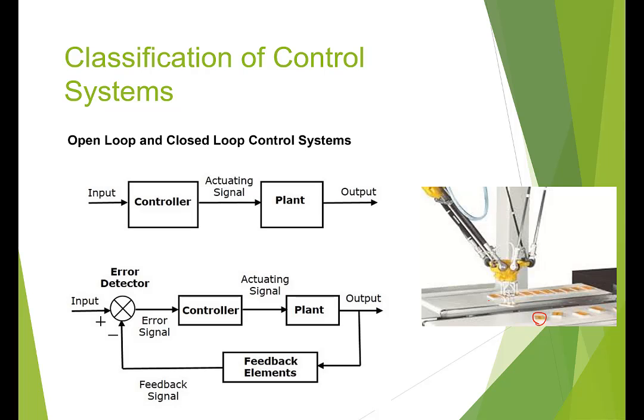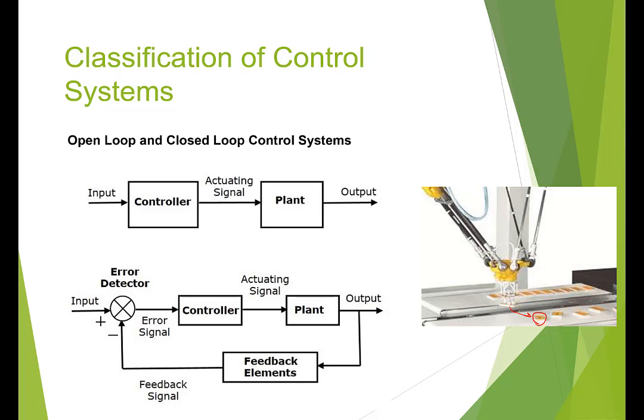Another way is using closed loop control. Some people, when they mention control, mean closed loop control, where the controller uses sensory information. For instance, the robot wants to move here, but it doesn't get there because the model that we're using is not accurate. Then we use sensors, for instance a camera, to see how far the robot is from the object.